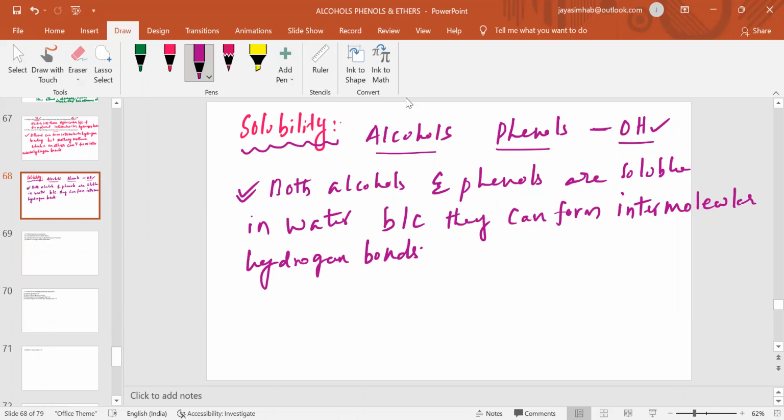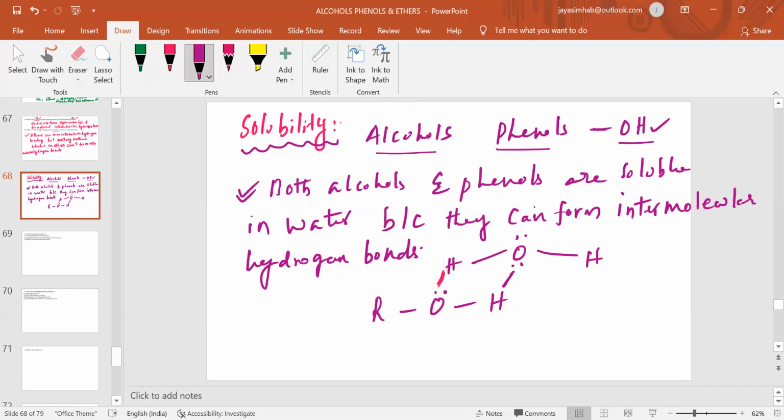So how will it form? Suppose if you take an alcohol, ROH. The water molecule structure will be OH, right? Another alcohol you take. So this oxygen will start forming an intermolecular hydrogen bond like this. Here in between these two, another intermolecular hydrogen bond is formed.